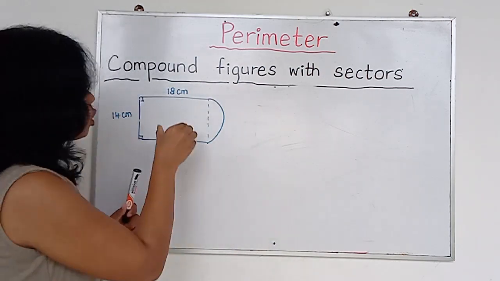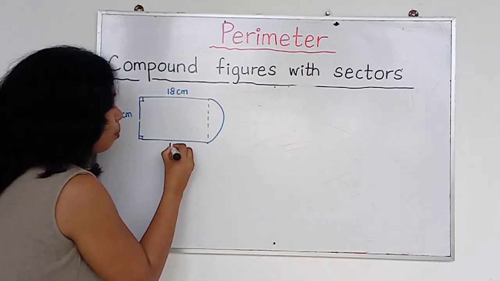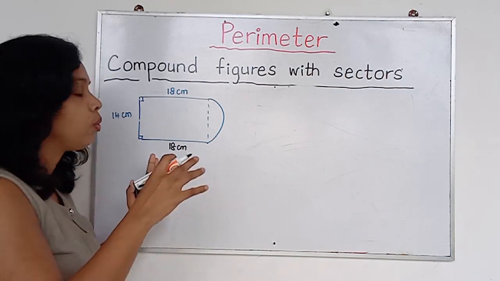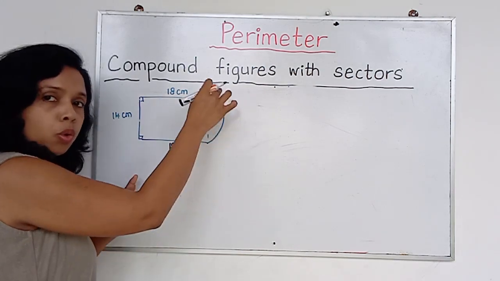Now, tell me, this is 18 centimeters, this is a rectangle and this should be 18 centimeters. And what are the distances we want to go when we complete the whole shape?